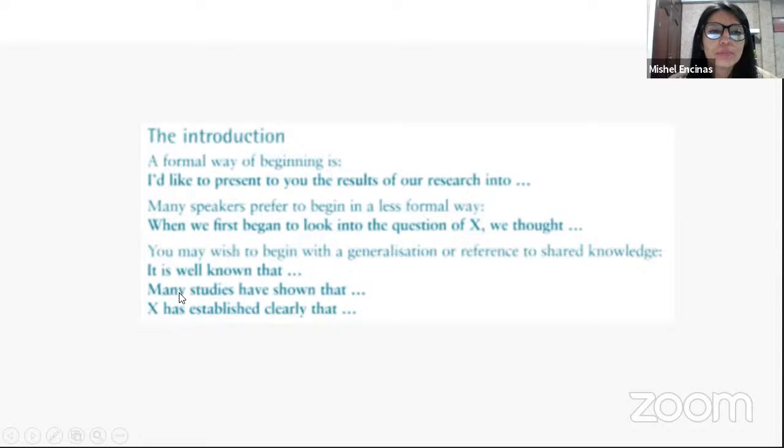Then you can say, this study, or maybe this article, has established clearly that maybe this drug is not used for treatment in humans. But on the other hand, we have found that this is not true. Maybe you're refuting it, okay? Well, those are some outlines that help you out with the introduction part.